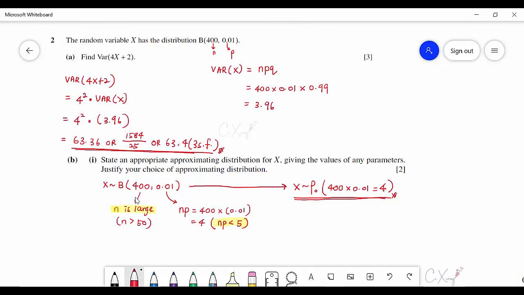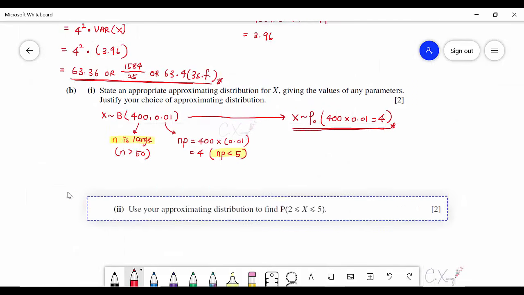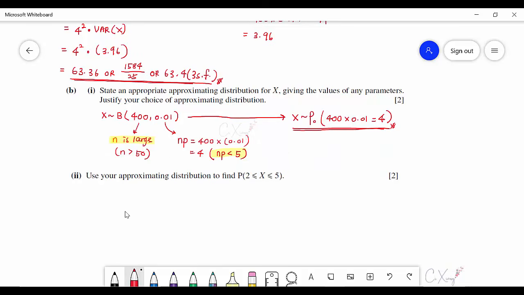Now we continue to the next part. For the next part, they want you to use your approximating distribution to find this probability. Since I already have a Poisson distribution with lambda 4, to calculate the probability for x from 2 until 5, the formula will be e to the negative lambda, where lambda is 4 here.